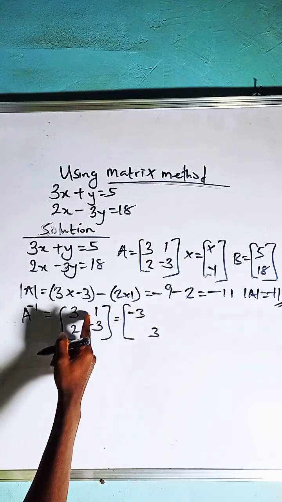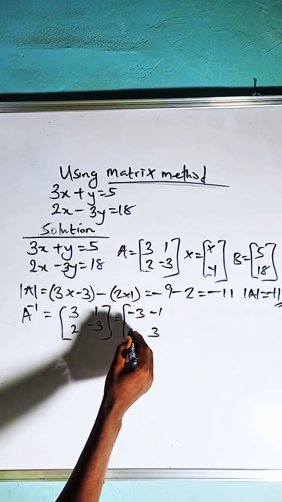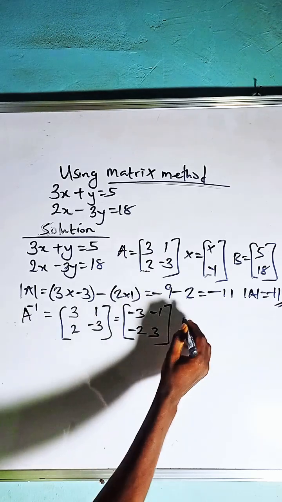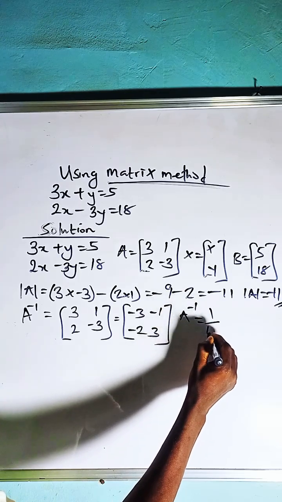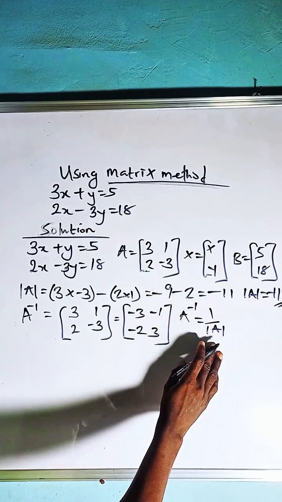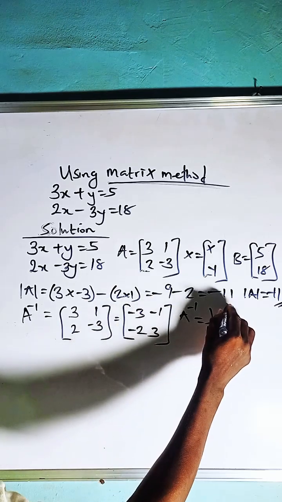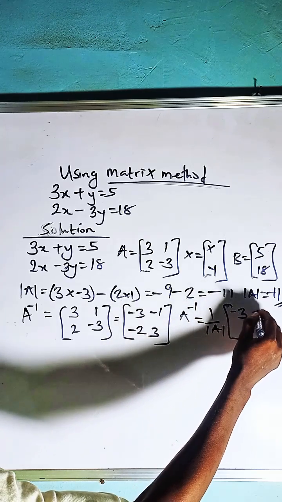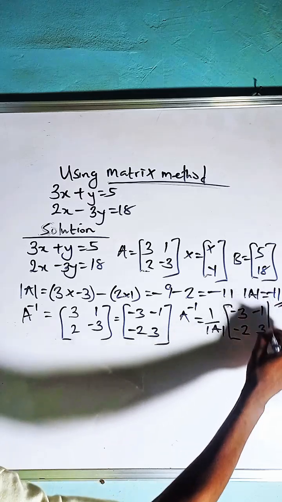Then we change the sign, so plus 1 turns to minus 1, and plus 2 becomes minus 2. So we can easily find the inverse of matrix A as this over the determinant, which is minus 3, minus 1, minus 2, 3.